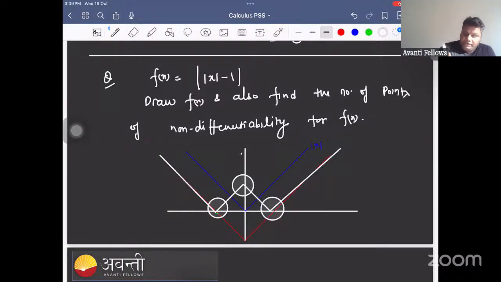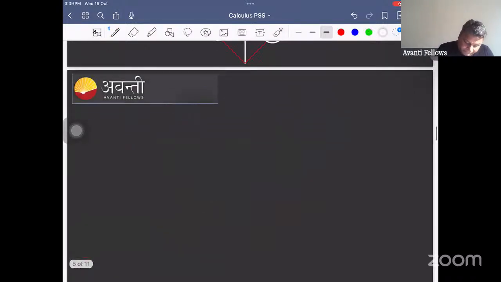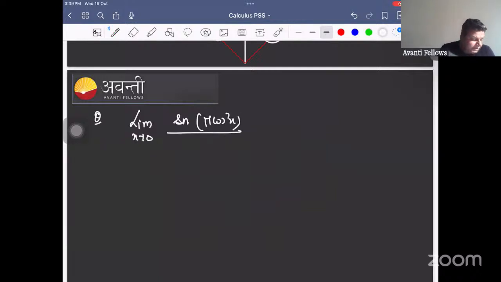Now, let's do another question. Limit x approaches 0, sine of pi cos square x upon x square is equal to what?